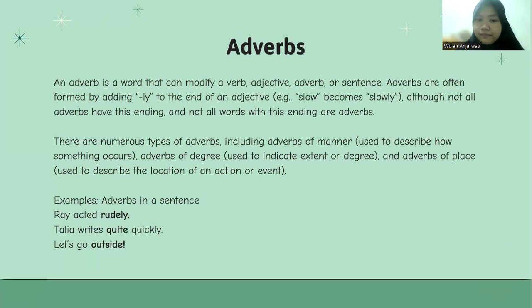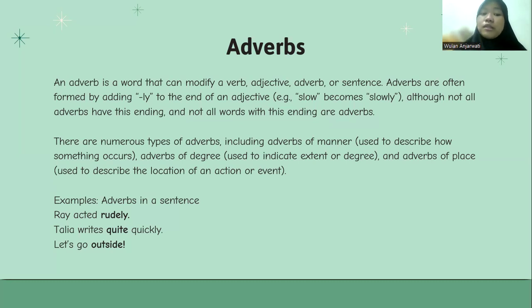Okay, and next is the adverb. An adverb is a word that can modify a verb, adjective, adverb, or sentence. Adverbs are often formed by adding ly to the end of an adjective, like slow becomes slowly. Although not all adverbs have this ending, and not all words with this ending are adverbs.